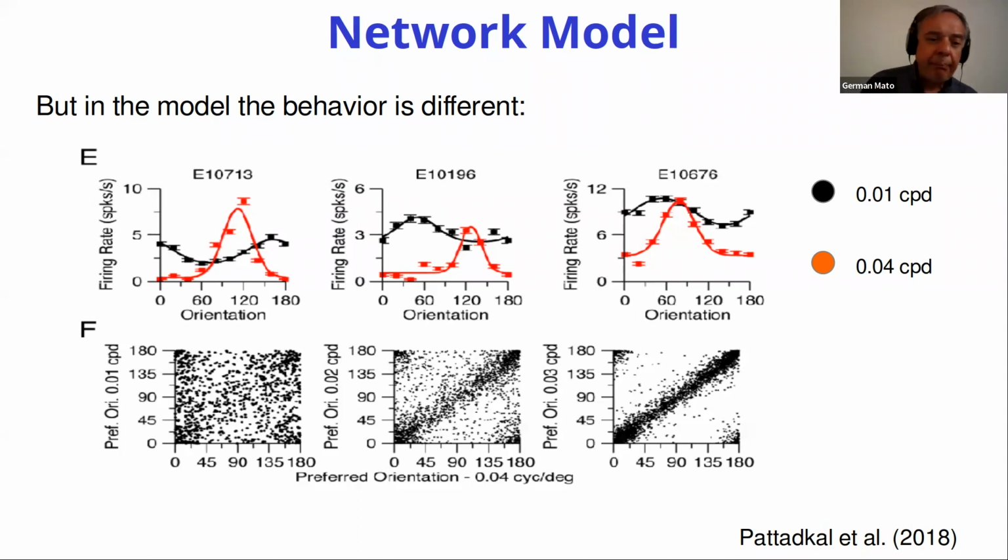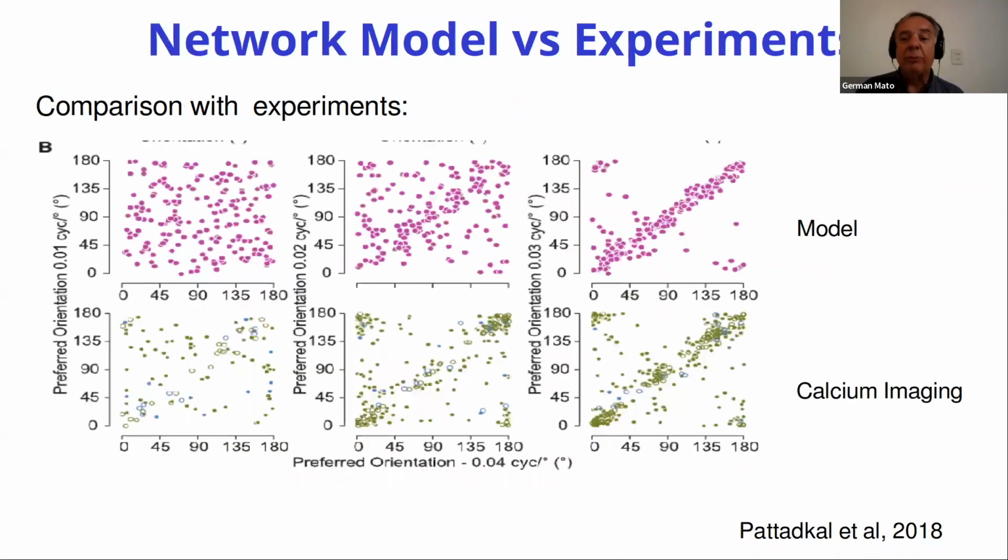This effect can be compared with experimental results. These experiments were done in the laboratory of Nicolas Priebe in Austin, where they measured the preferred orientation of the neurons with calcium imaging, changing the spatial frequency of the stimulus.